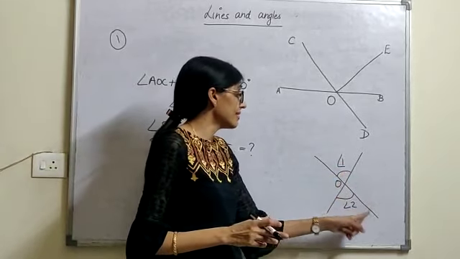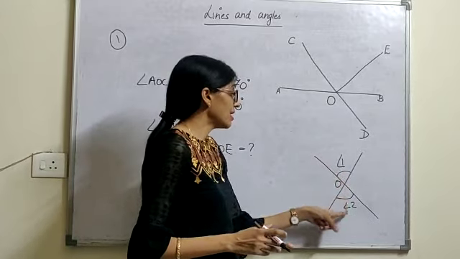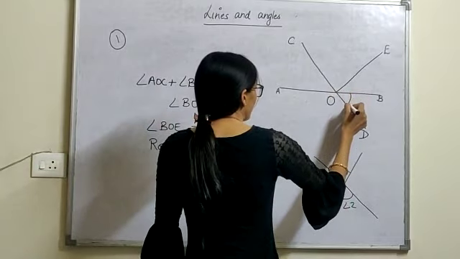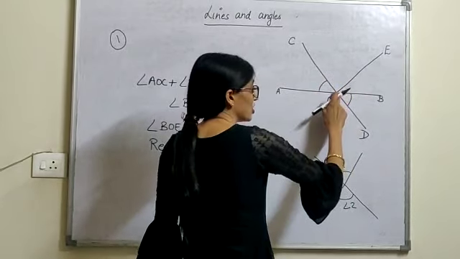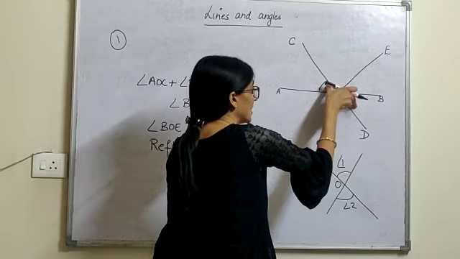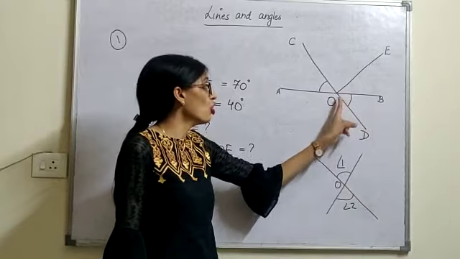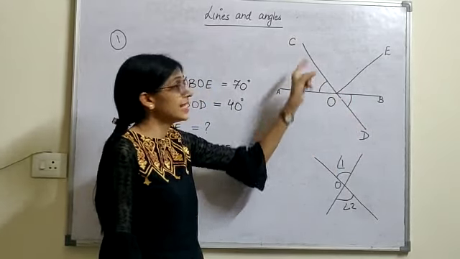That means these two lines intersect each other at O, so their vertically opposite angles are equal. Whatever is angle BOD, the same will be angle AOC.